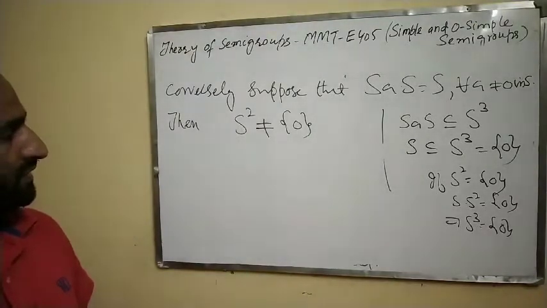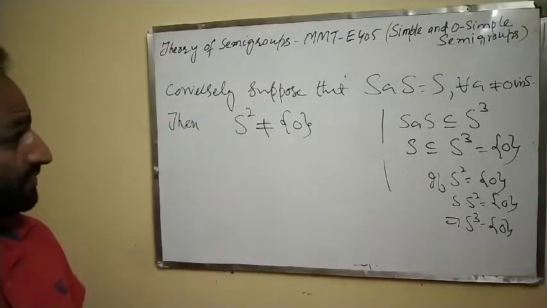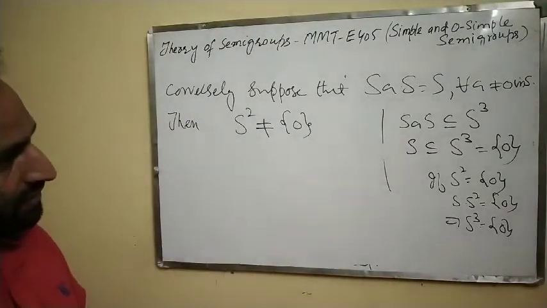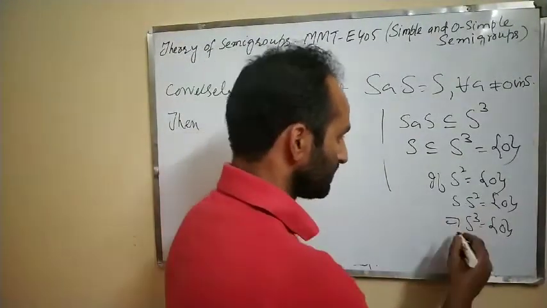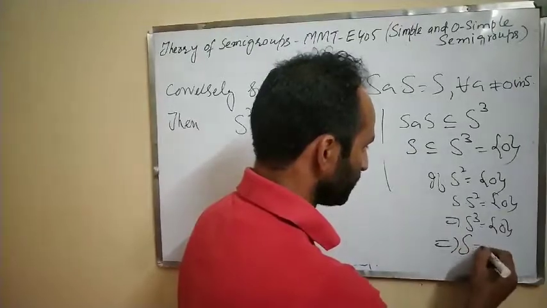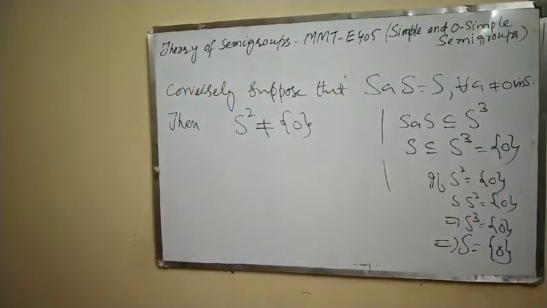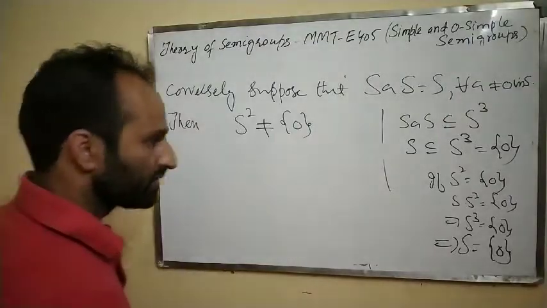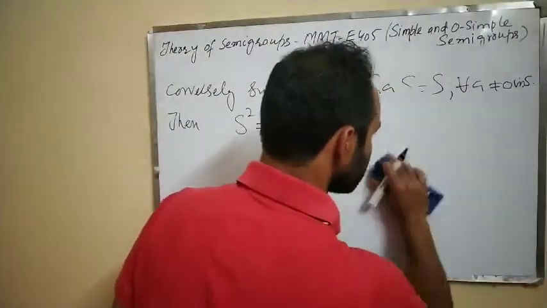So S square is not equal to 0, because otherwise S cube is equal to 0, and S is a subset of S cube, which means S should be equal to 0. So S square is not equal to 0. That's the first condition for zero simple semigroup.